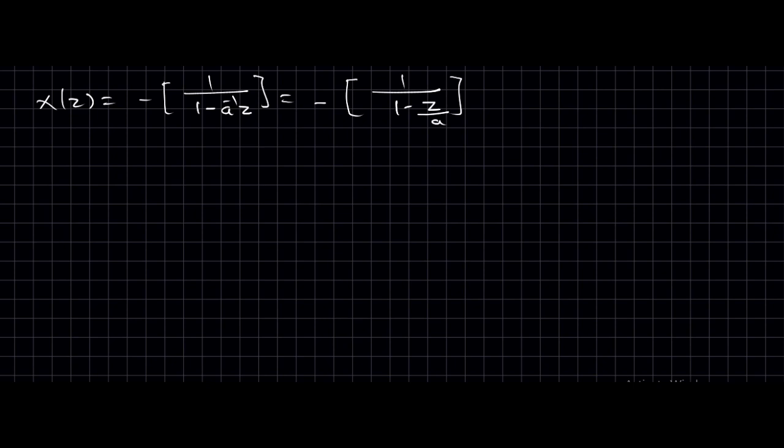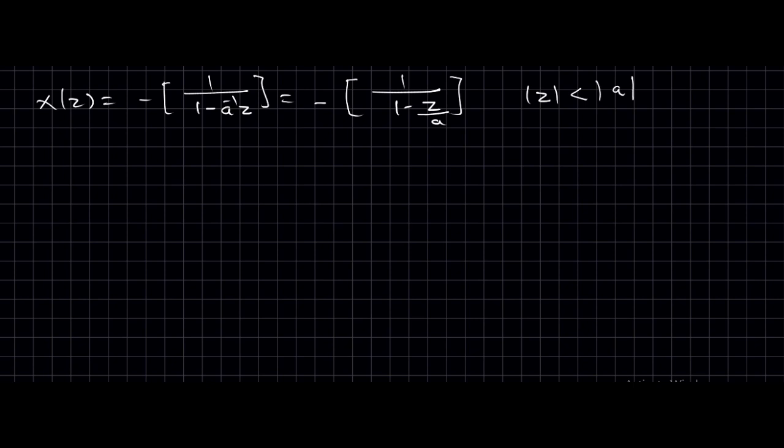If you substitute a value of a smaller than z, then what will happen? That will change the region of convergence. So mod of z should be smaller than mod of a. The magnitude of the z term should be smaller than mod of a.